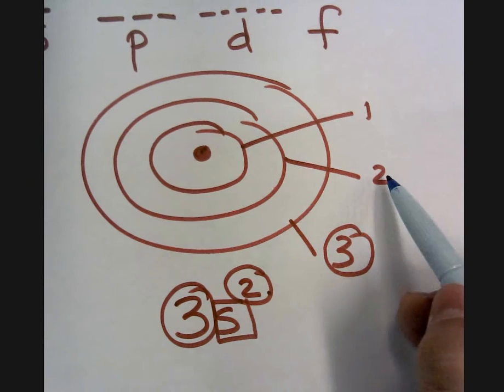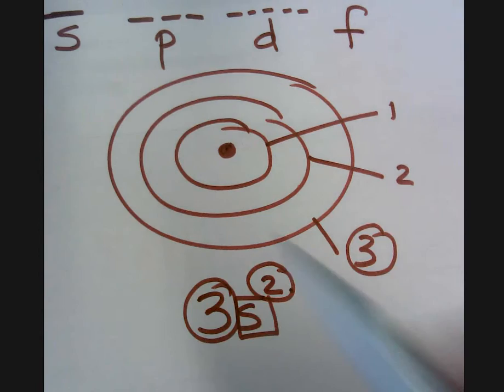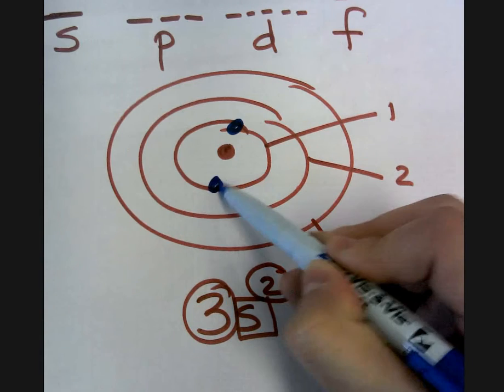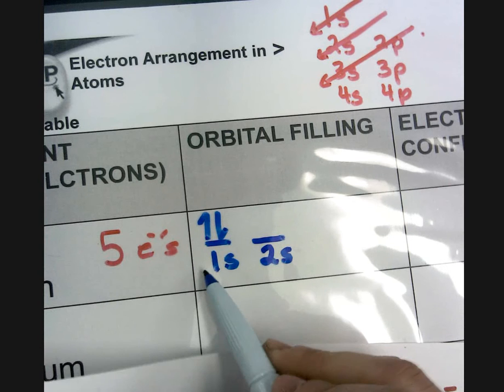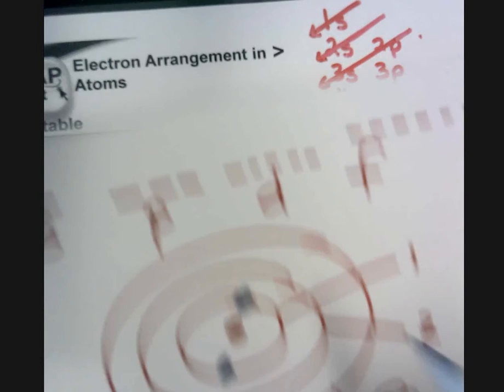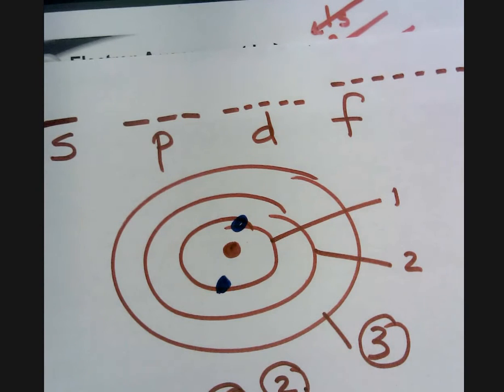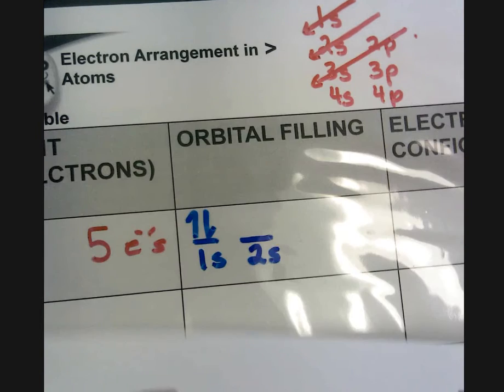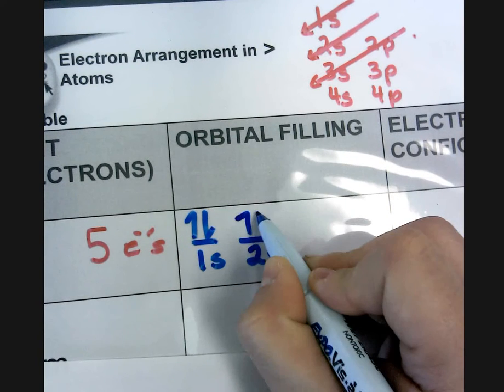The first shell, as I've told you in your models, can only hold up to 2 electrons. That's why we only have 2 electrons in the 1s. In the second energy level, we can have up to 8 electrons. The 2s can hold up to 2 electrons.